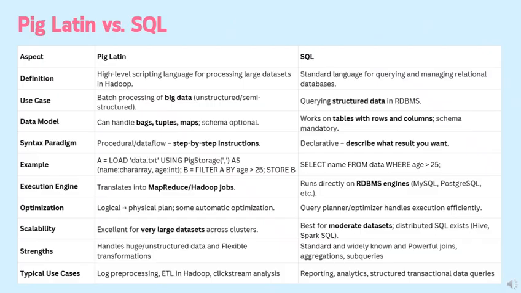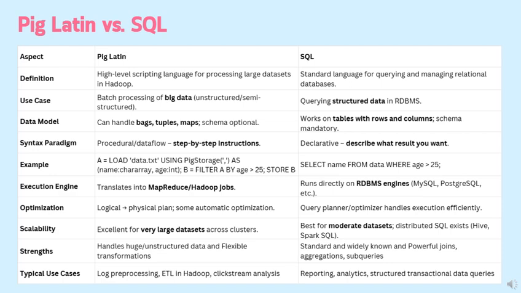This slide is interesting because it clears one common confusion. People often think Pig Latin is just like SQL, but they are fundamentally different. Pig Latin is procedural. You describe how the data should flow step by step. SQL is declarative. You only describe the final result you want.